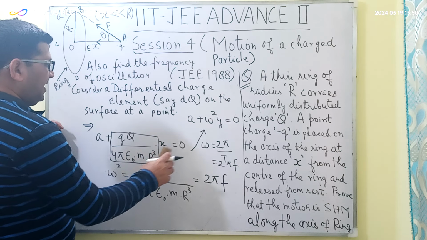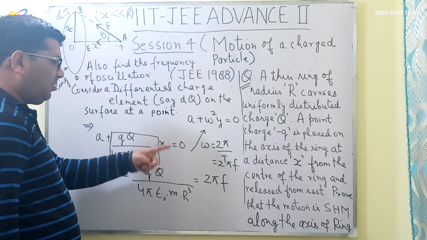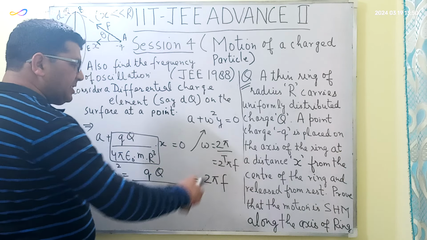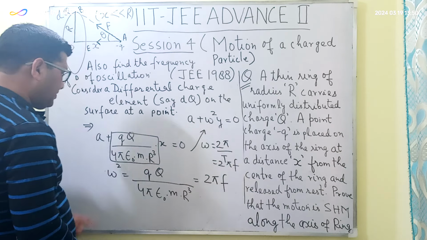So the first thing is that we have already proved that the motion of this charged particle is simple harmonic along the axis of the ring when it is released from rest, because this equation is comparable to the equation of simple harmonic motion. Now, what will be the frequency?